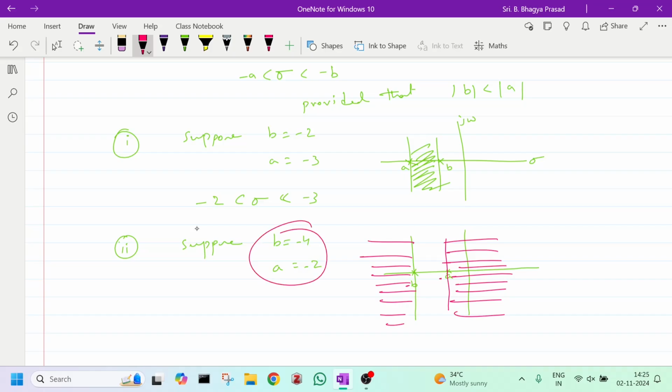So in this situation, there will be no common ROC. Okay, so we have to make sure that the magnitude of B should be less than magnitude of A. Then only common ROC exists.